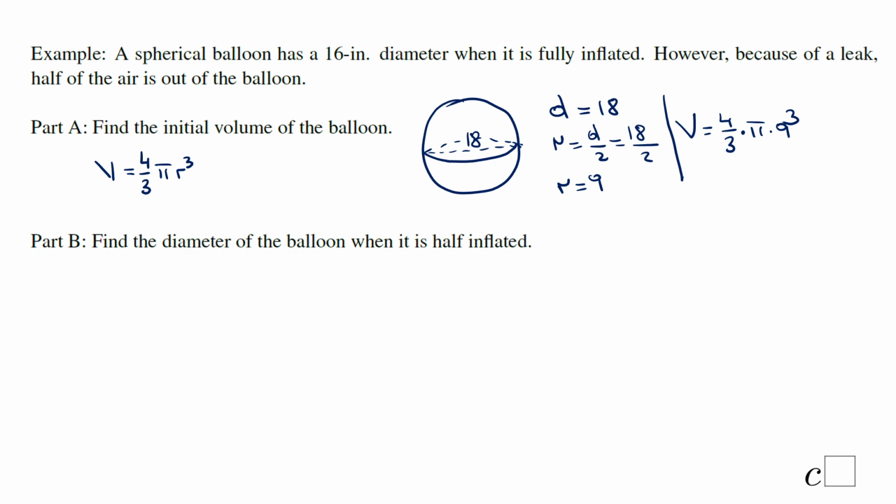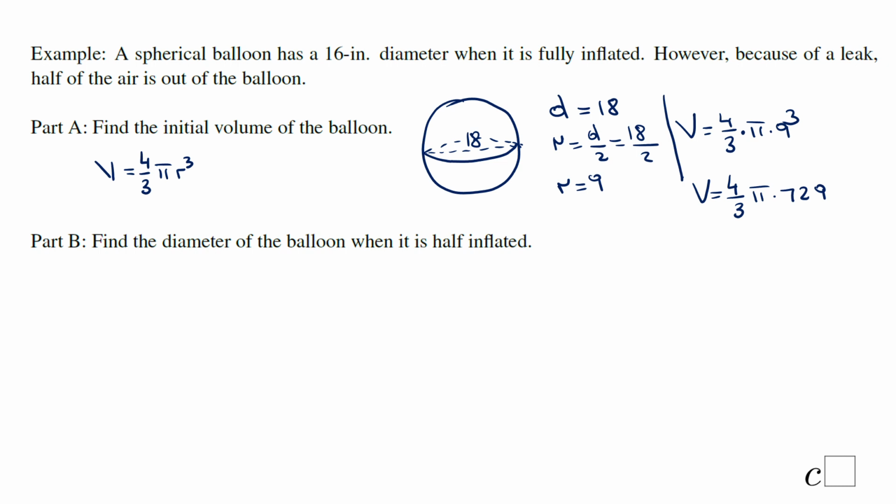So let me grab a calculator now and do 9 cube, 729. Of course, if you don't have a calculator, you may want to think about simplification. It is possible to do it.